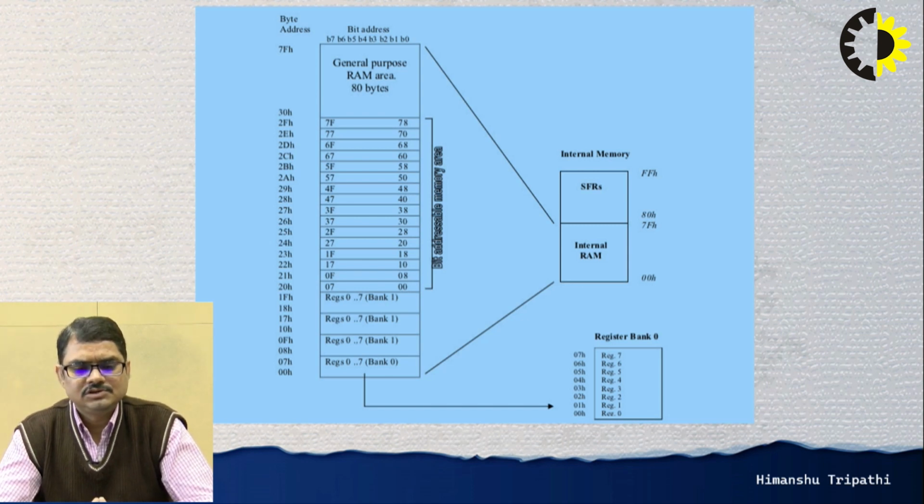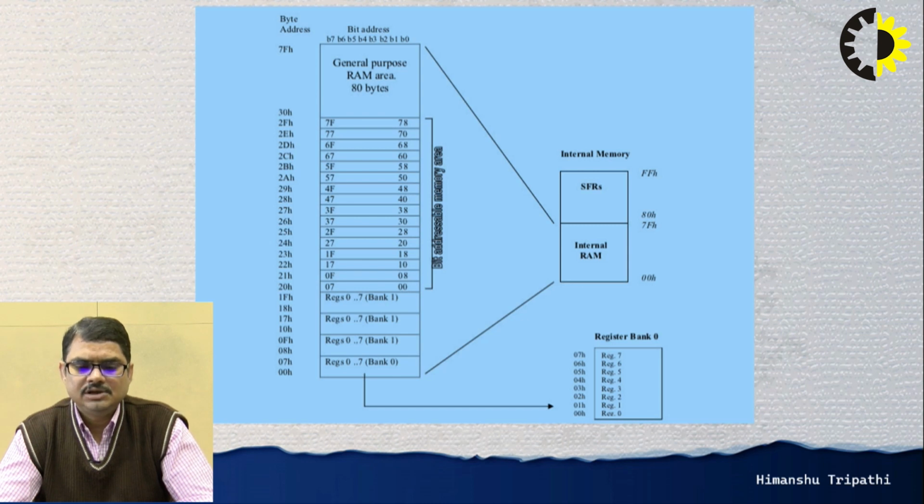After that, memory locations 30 to 7FH are not bit addressable. These are byte addressable only, like they were earlier in the memory banks case, but these are not given any name, so we cannot access these locations by any particular name.